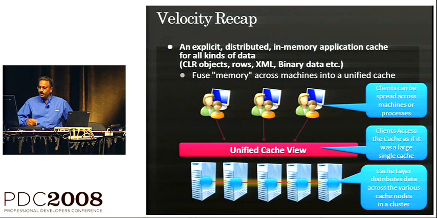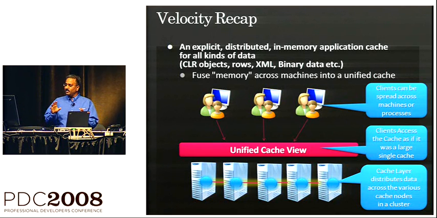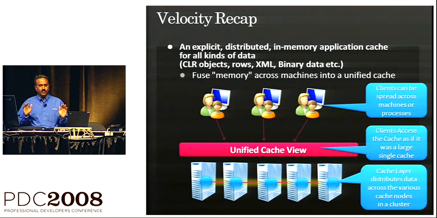And as MK pointed out, the fundamental thing is it takes a bunch of machines with their resources, memory, CPU, everything, and stitches them into a transparent, unified global cache view. From the application perspective, you have a cache name, you have some way to connect to that cache, and then you operate on it. Initially, it will be just simple puts and gets. Over time, we'll provide more and more data services. So that's at a high level what the cache is.